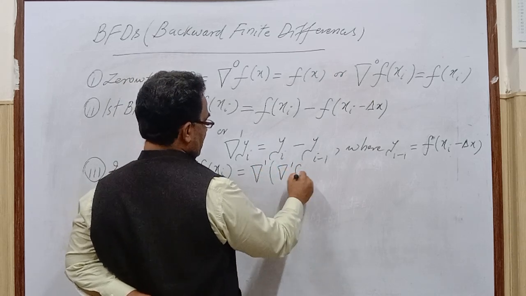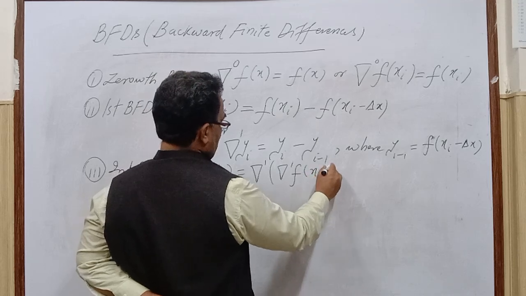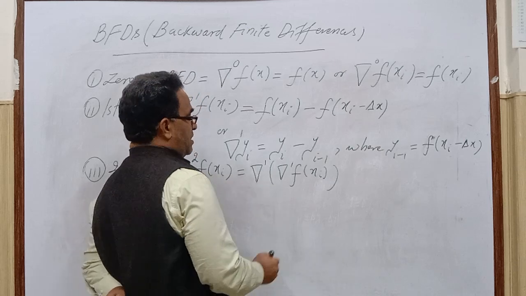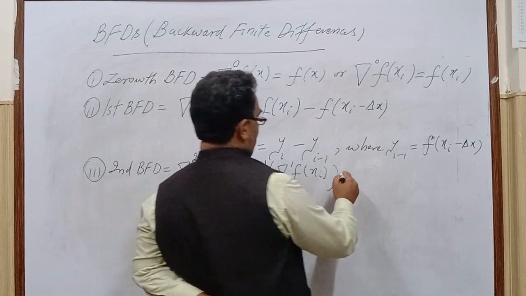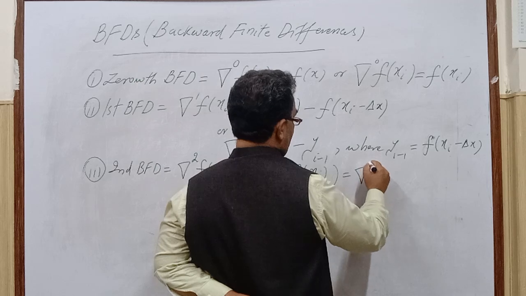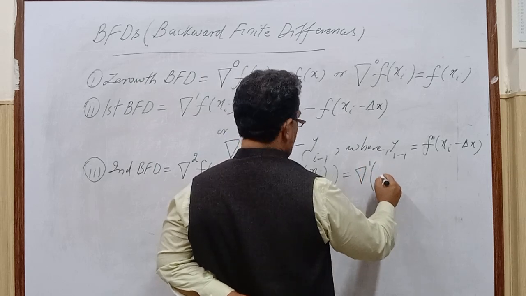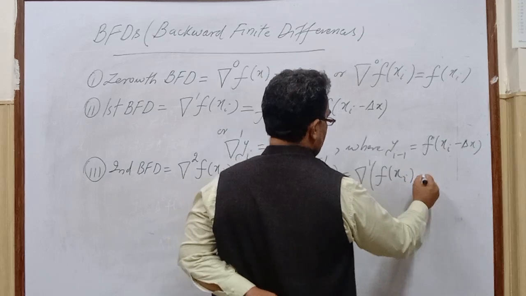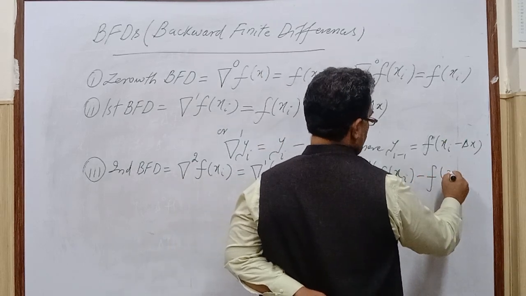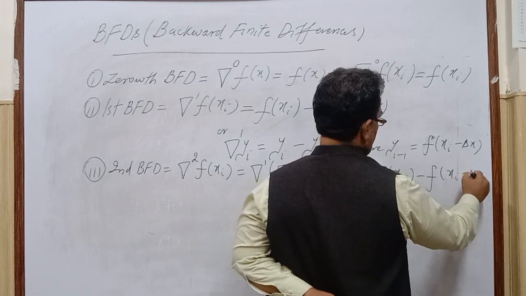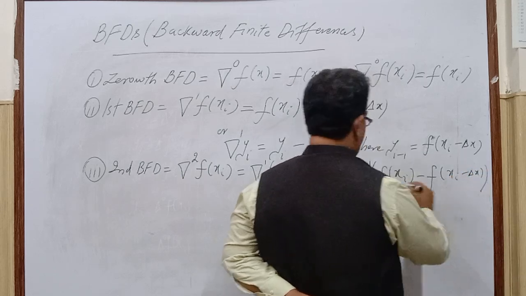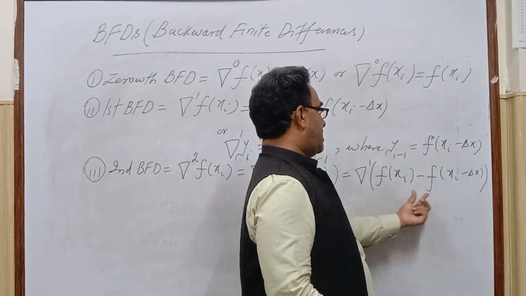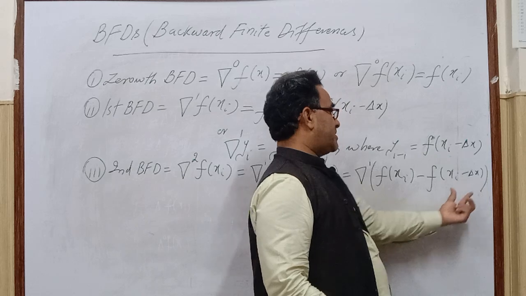First of all, the del 1 inside the bracket will operate upon the function in a BFD style, and the outer del 1 will be taken as it is, and we will have here f of xi minus f of xi minus delta x. After getting this result, now the outer del 1 will operate upon f of xi and f of xi minus delta x.